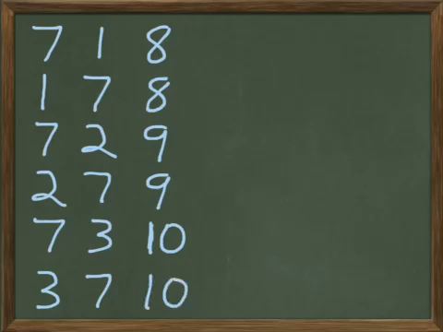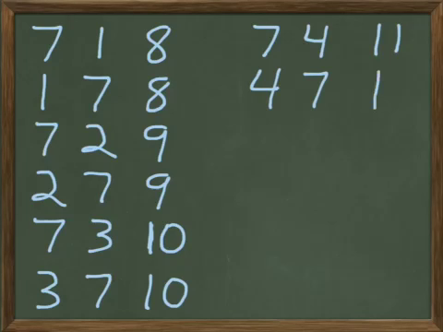All right, let's go up to the top on the right here. 7 and 4. 7 and 4 make how many? 7 and 4 are 11. How about 4 and 7? 4 and 7 make 11 as well. Okay, let me do my 11 here a little bit better.